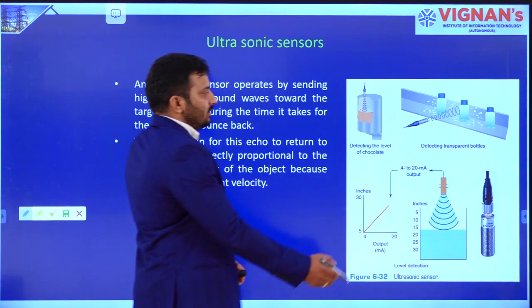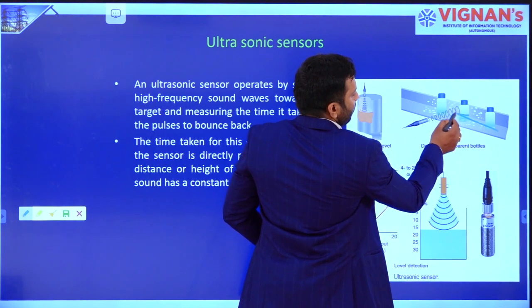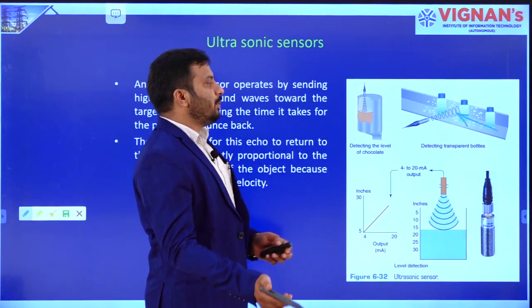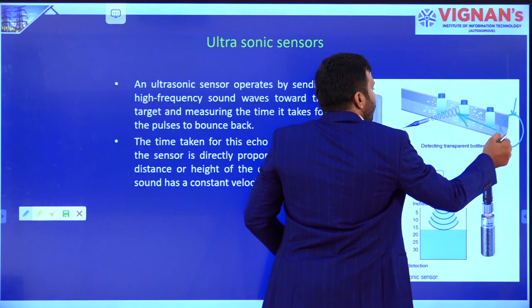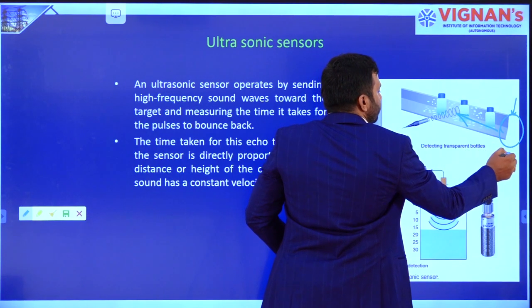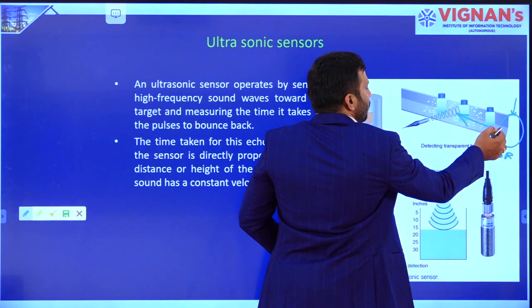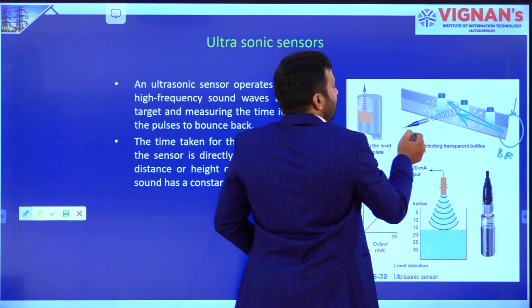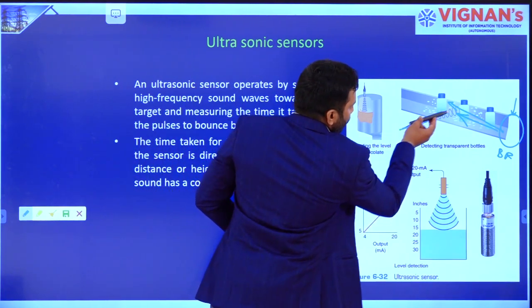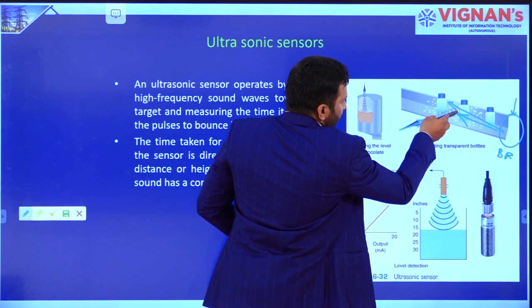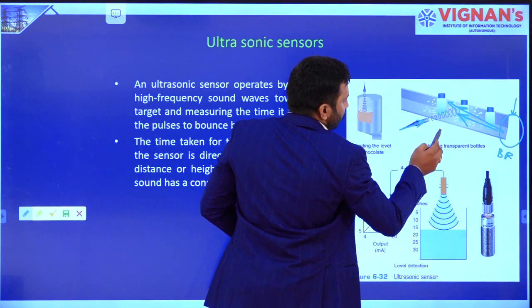For example, these are water bottles or drink bottles, right. Some bottles may not be filled in the previous section. Here bottle filling takes place, right. After filling, the bottle moves like this. If you place one ultrasonic sensor here, it is going to detect whether the bottle is filled to this level or not.